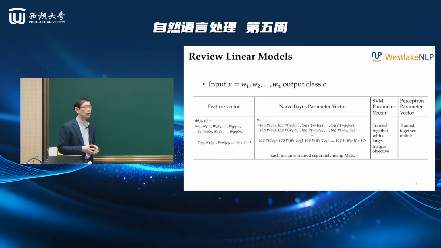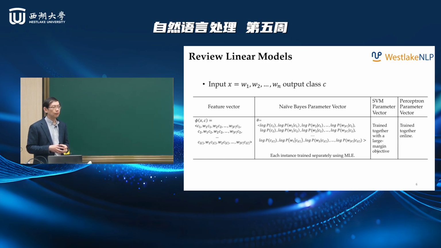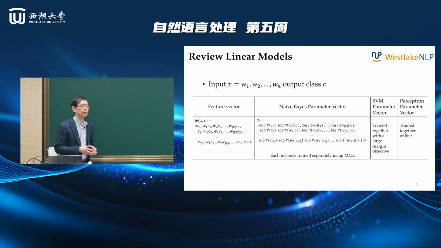Corresponding to the pair W and C is log P(W given C). But for SVM and perceptron, we only make sure that these parameter vectors are as long as the feature vectors. And then we start off training them using data.